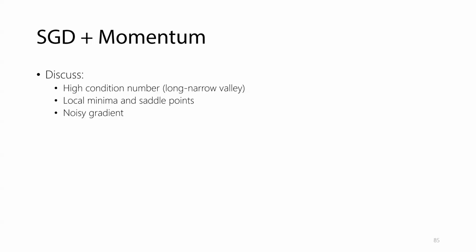You'll have a bigger swing like this because of the momentum, and less zigzag movement because of that larger swing, and a greater chance of converging to the global minima quicker.